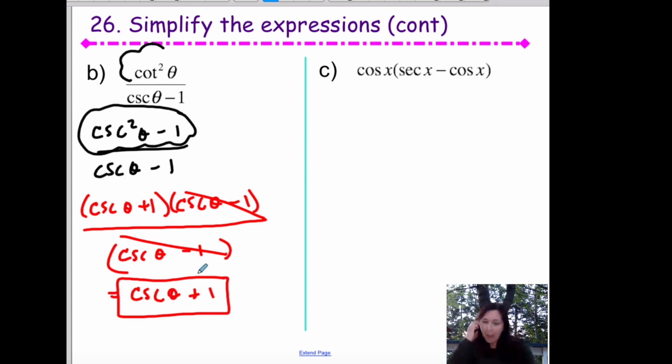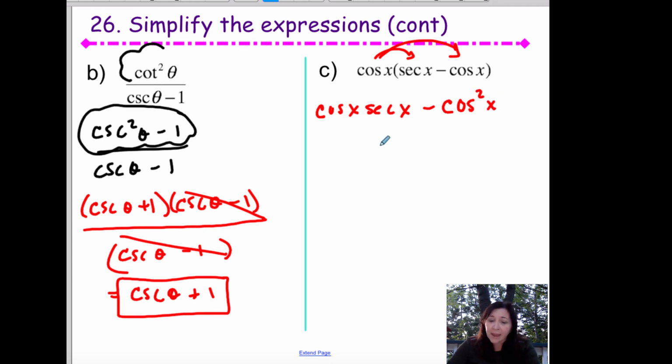Okay? The next one is this, and I guess I'm going to just start off by distributing. So I have cosine of x, secant of x, minus cosine squared of x. Now, I'm going to see what happens with this.